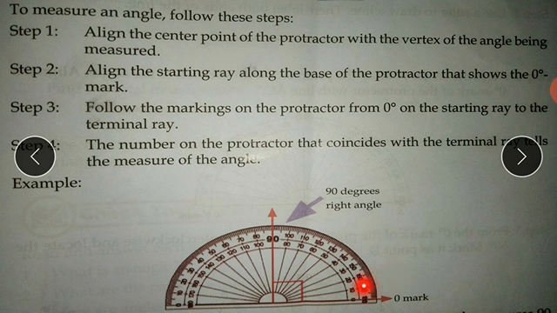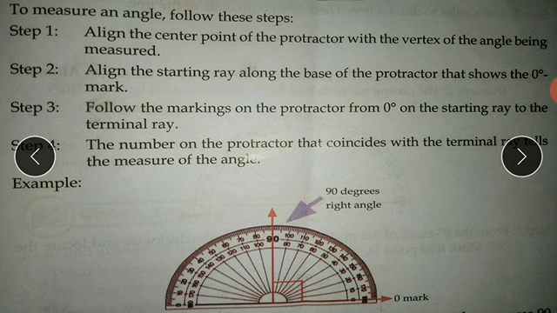Next, follow the markings on the protractor from 0 on the starting ray to the terminal ray. This one is the starting ray at 0 and our terminal ray is this one. As you can see, the measurement of this angle is 90 degrees, or a right angle, because from 0 to 90, that's why the measurement is 90 degrees.